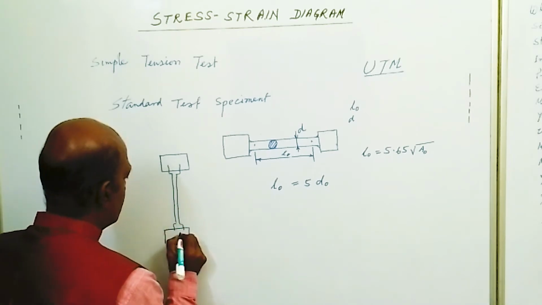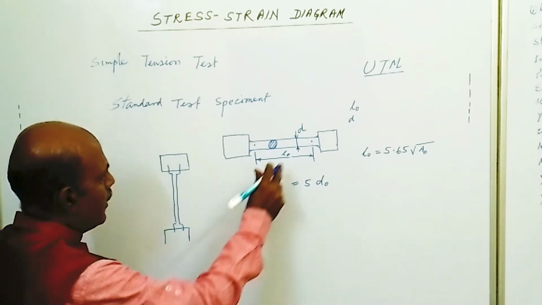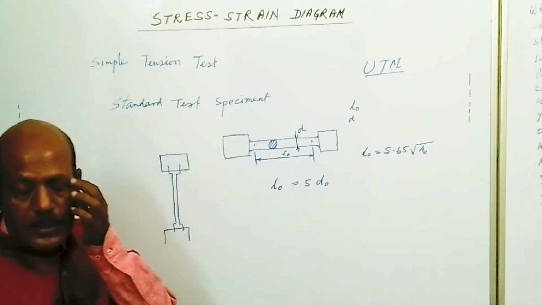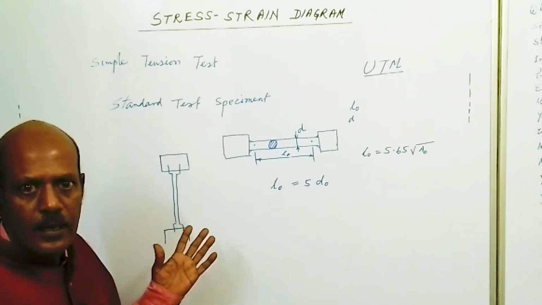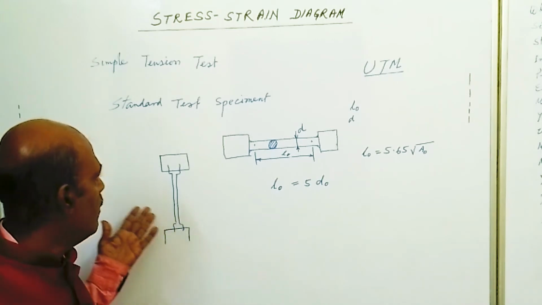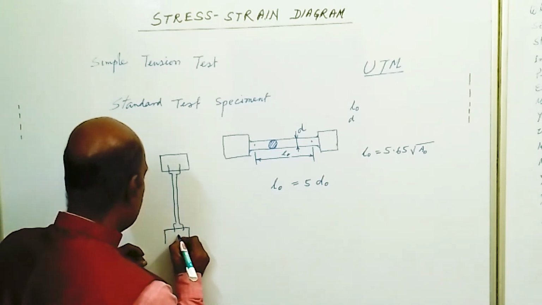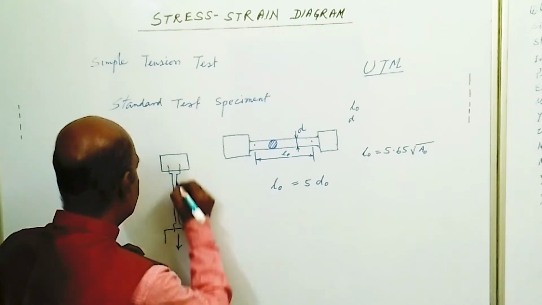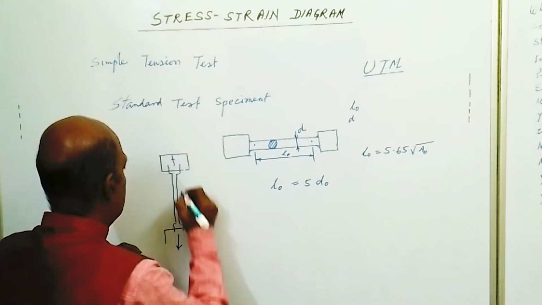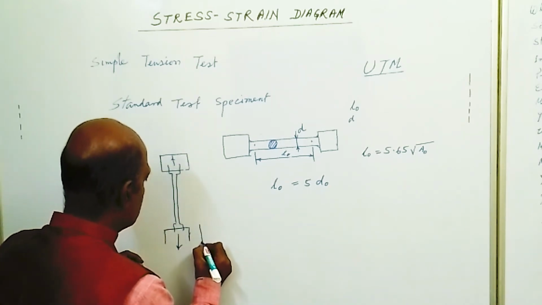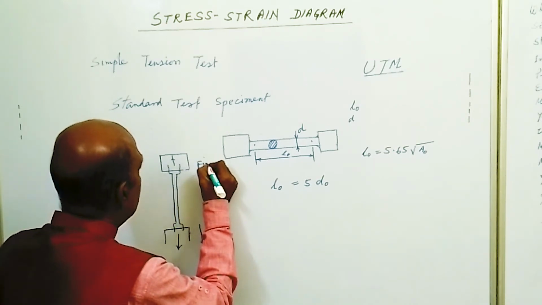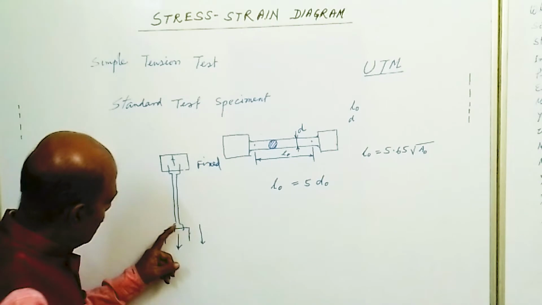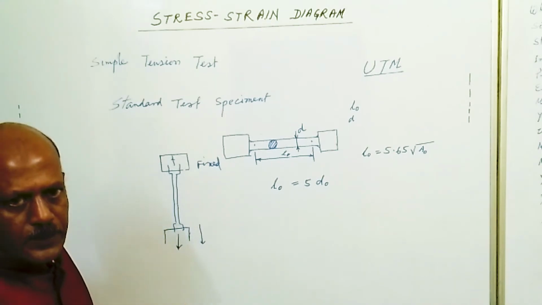In the UTM machine, that is the universal testing machine, provision is there so that with the help of hydraulic force the load is applied over the body. The lower jaw will come down slowly while the upper jaw remains in a fixed location.